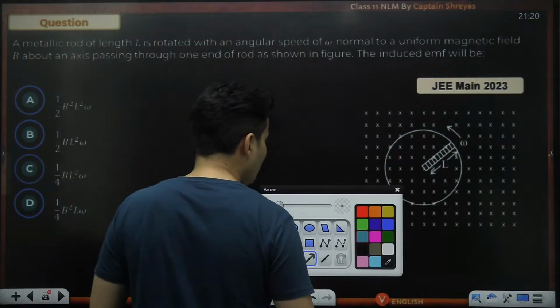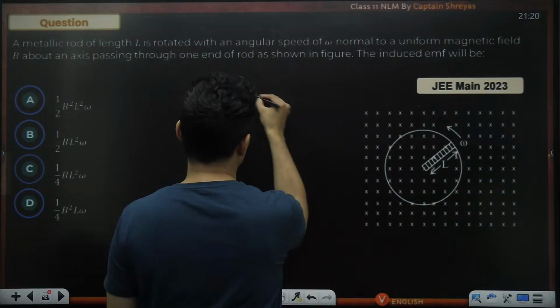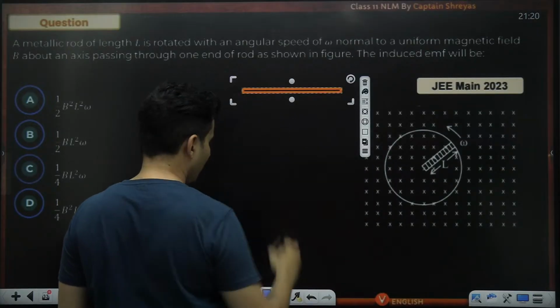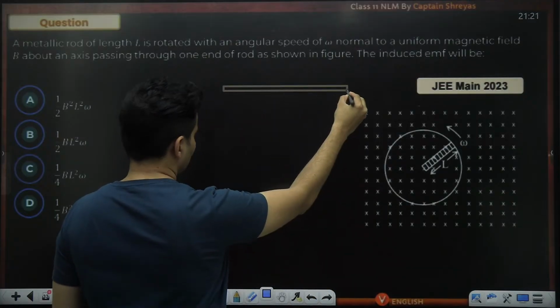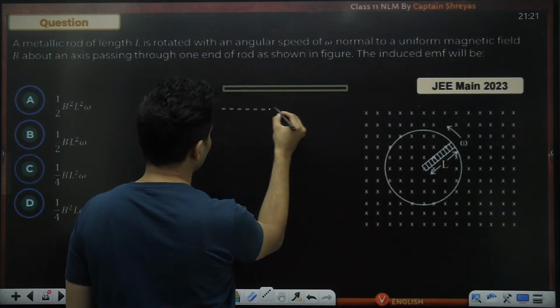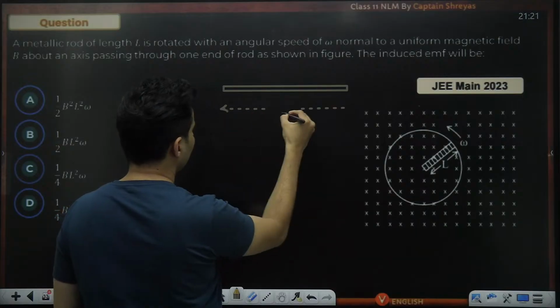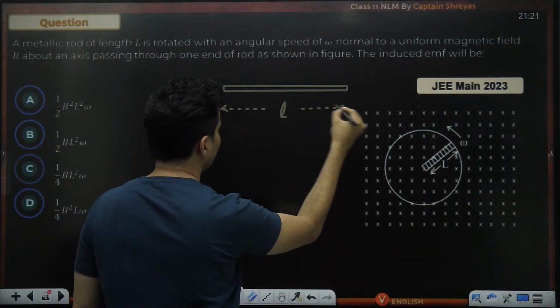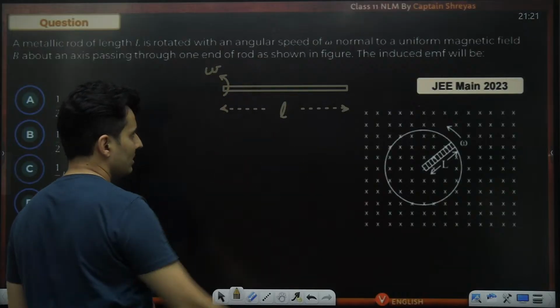Okay. So if I take this particular rod over here, this entire rod has some length L, and it is rotating with some angular velocity.